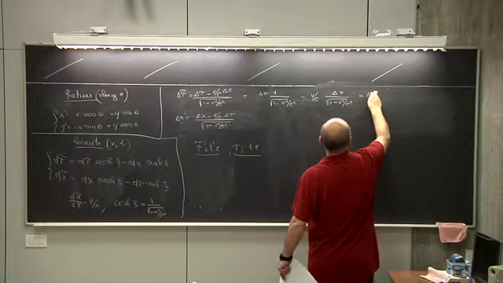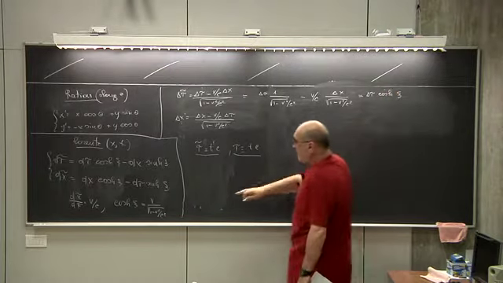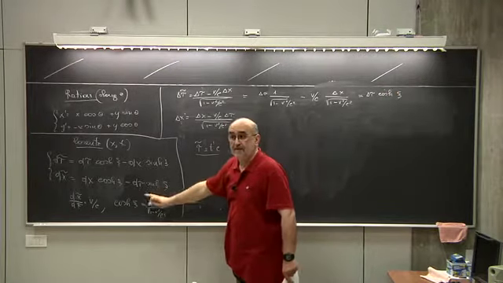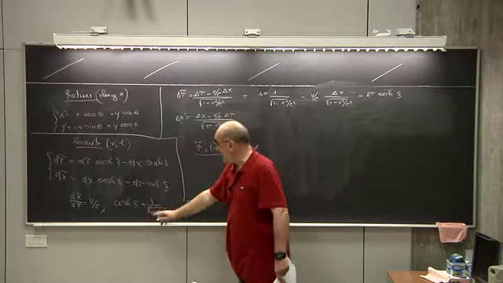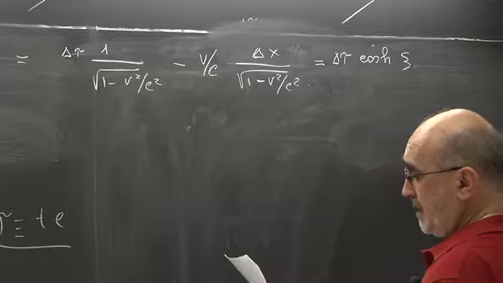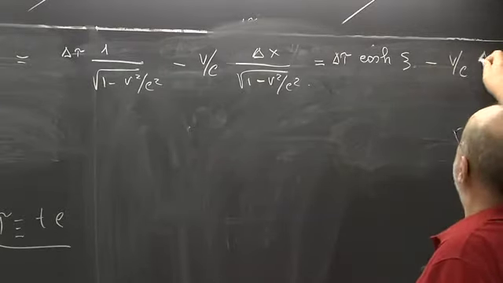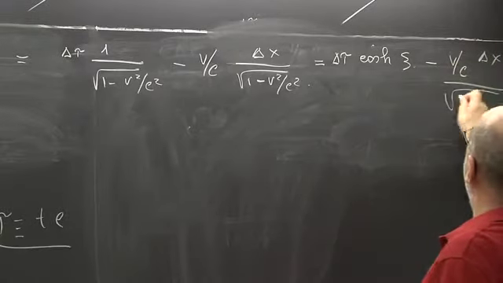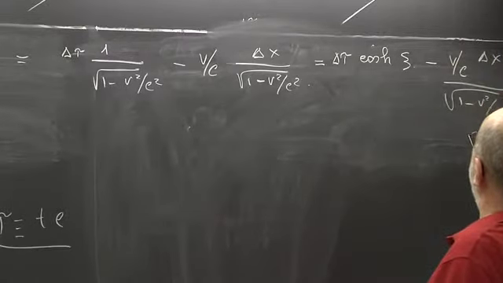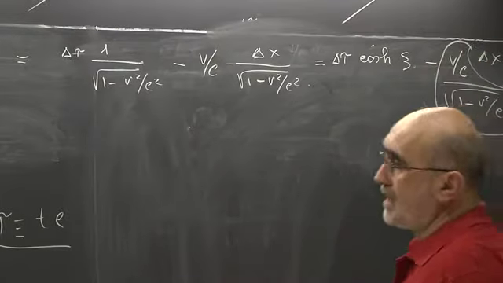But it means delta tau cosine hyperbolic of psi, because cosine hyperbolic of psi is defined in this manner. So psi is a quantity related to this. Then for the moment, let's see, we have v over c delta x over square root of 1 minus v square over c square. Now I will show you that this quantity is sine hyperbolic.